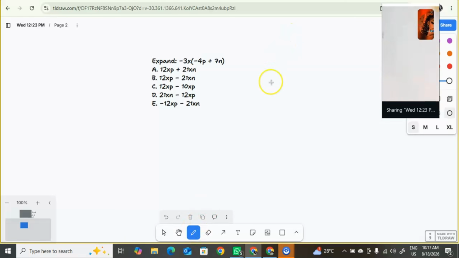Okay, so the next question says expand minus 3x into brackets minus 4p plus 7n. So let's write that out. We have minus 3x into brackets minus 4p plus 7n.